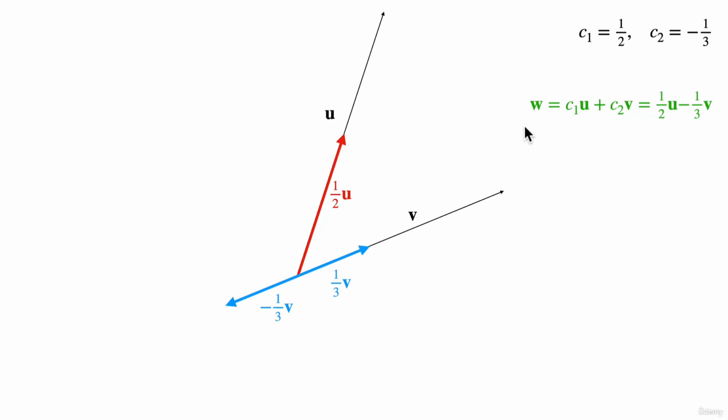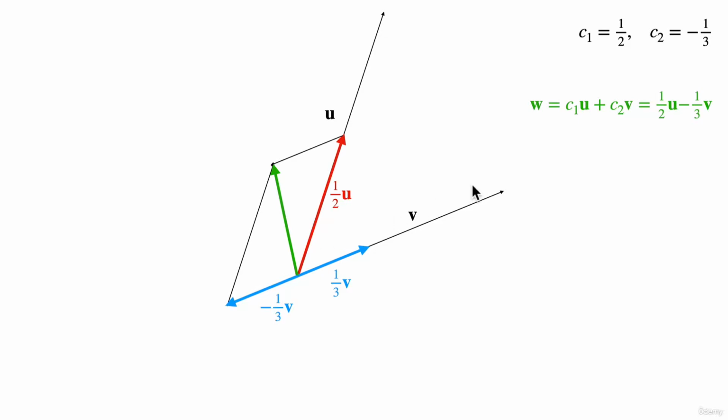And we have to add this minus 1/3 V and 1/2 U. So then we simply close the parallelogram, and this is our vector W, which is this linear combination of U and V. And you see that by taking a negative coefficient, we got outside this parallelogram, which is spanned by vectors U and V.